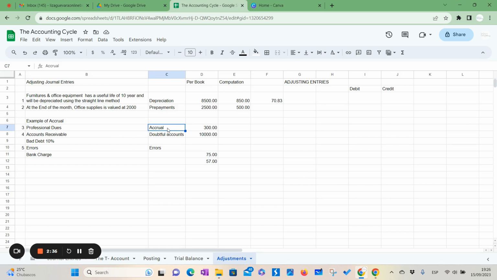For the accruals, these are expenses. Accrued expenses are expenses already incurred, but not yet paid. So accrued expenses are expenses or liabilities.